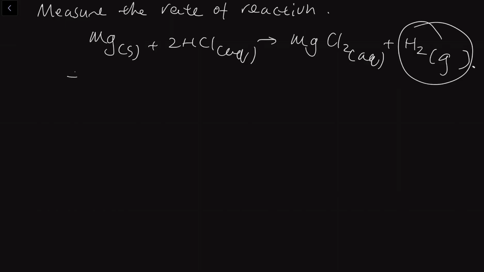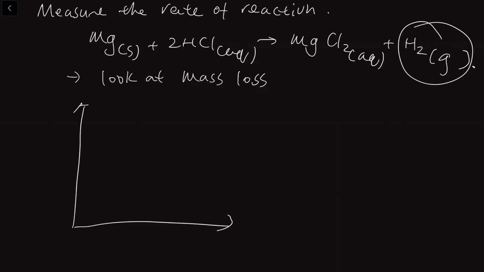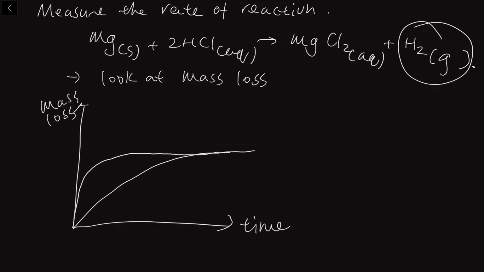So we can look at the mass loss of this system to measure the rate of reaction. And then we can collect all the data and see how the system changes. So this is a slow reaction. This is a fast reaction.